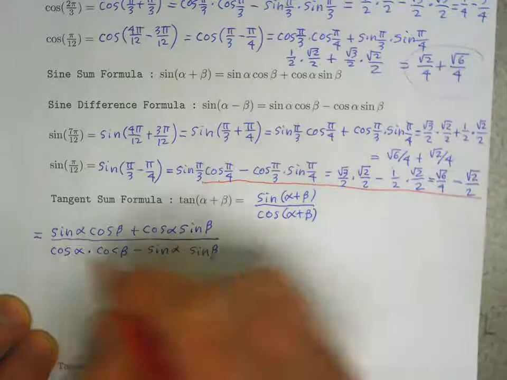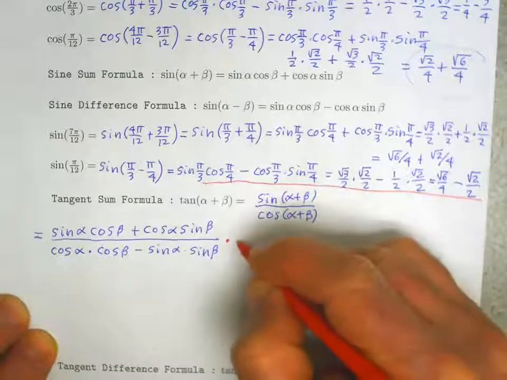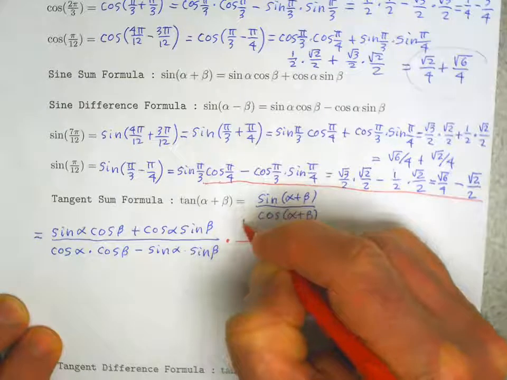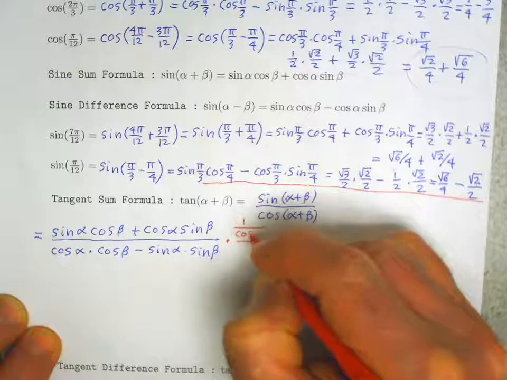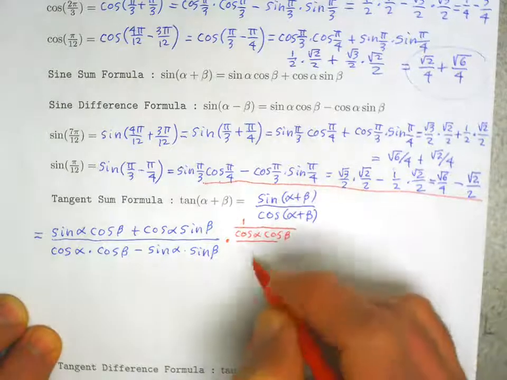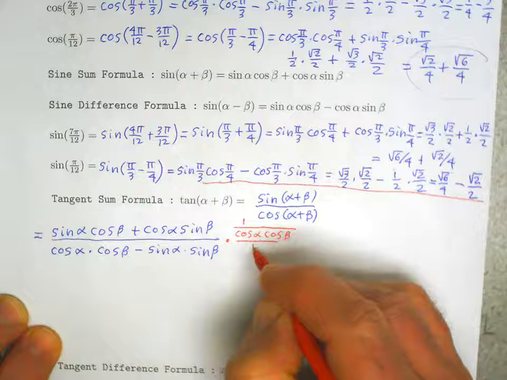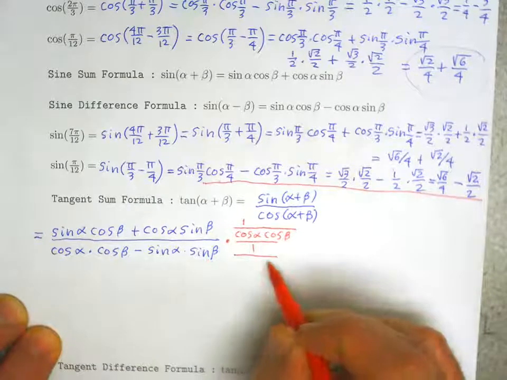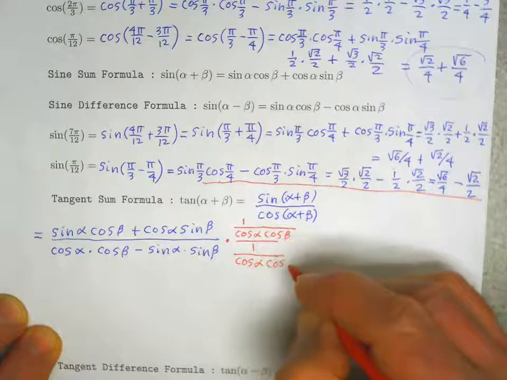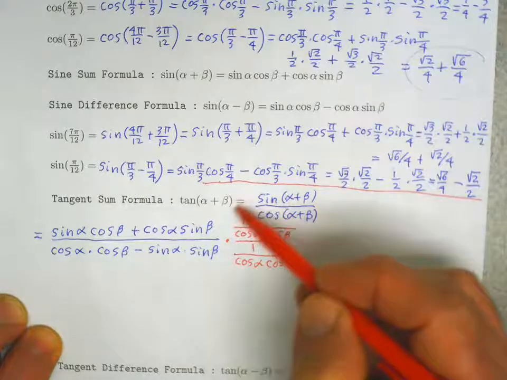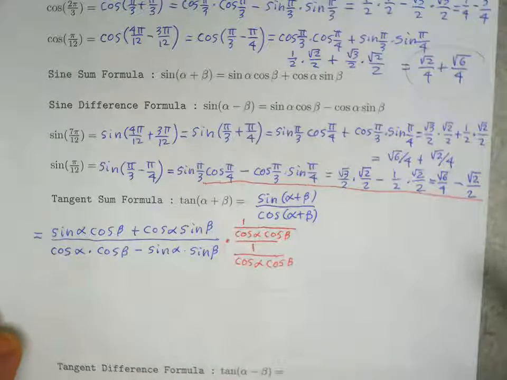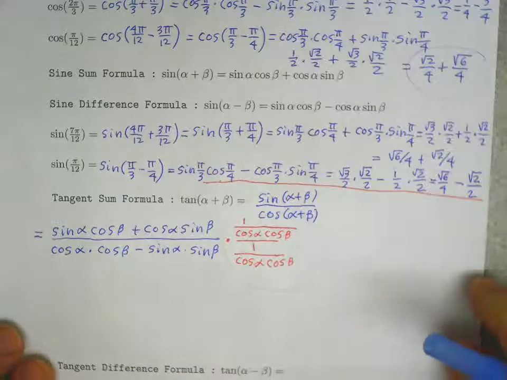So we're going to multiply this expression by 1 in the form 1 divided by cosine of alpha times cosine of beta in the numerator, and then also in the denominator, we're going to multiply this denominator by the same quantity, 1 over cosine of alpha times cosine of beta. We're just multiplying by 1. There's nothing wrong with that. Multiplying by 1 doesn't change the value. It'll just change the appearance.